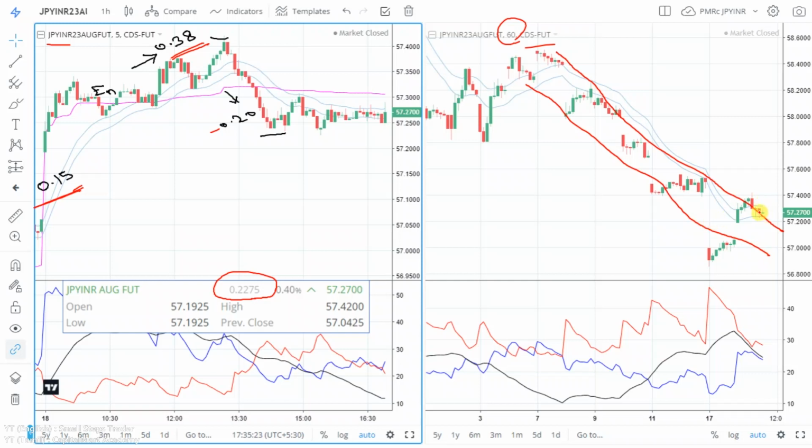Today it was exactly at the channel resistance, but in the next session it has to close decisively on the upper side. If it doesn't happen, it comes back into the channel and the downtrend will continue. That we have to see in the subsequent days.